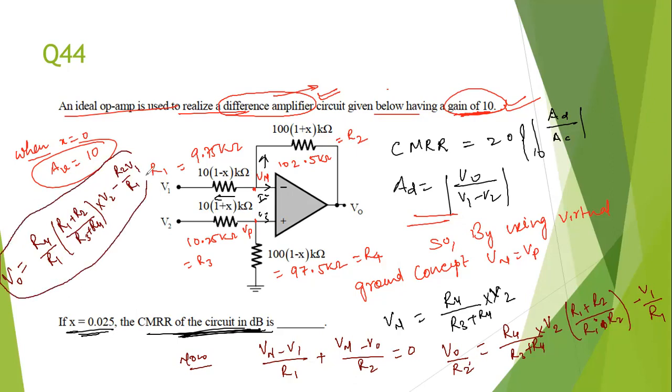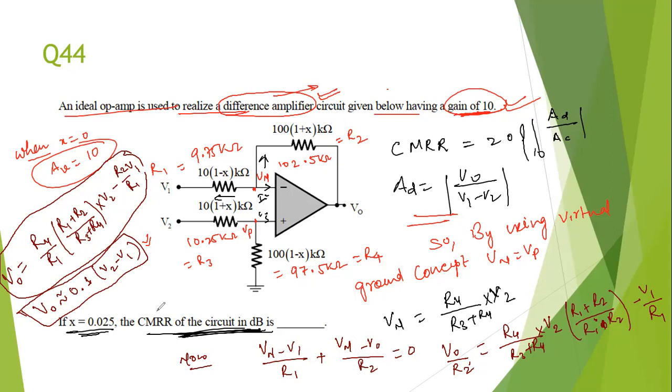Just put these values R1, R2, R3 and R4, and after putting you will get approximately 0.1 times of V2 minus V1.